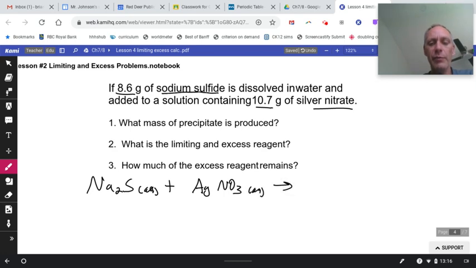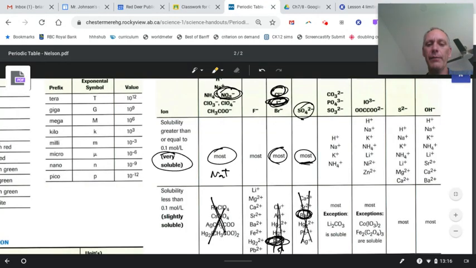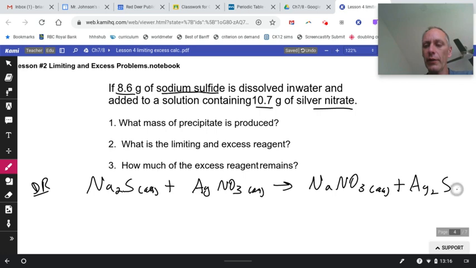This is a double replacement. 2 ionic compounds to make NaNO3 aqueous, and Ag2S. And if you look that up for solubility, sulfide and Ag is not there, it's in the most. So Ag2S is a low solubility solid. So that's what we're talking about with precipitate. So there's our precipitate.